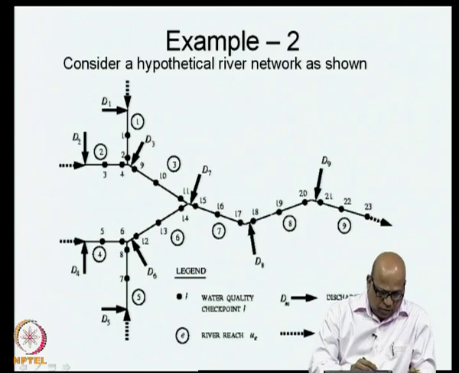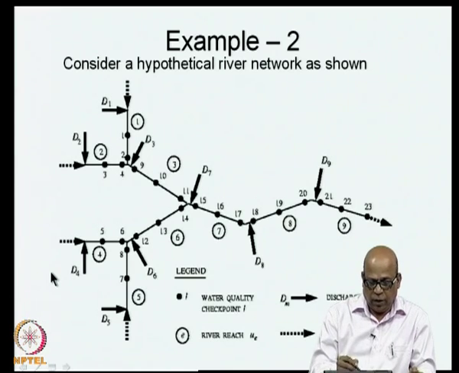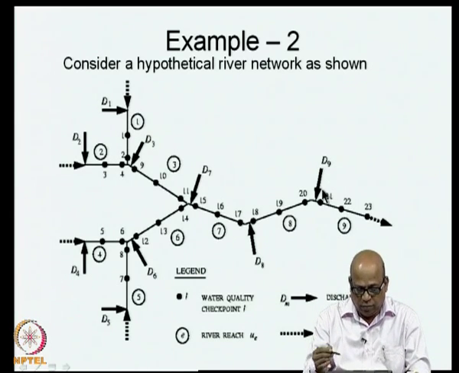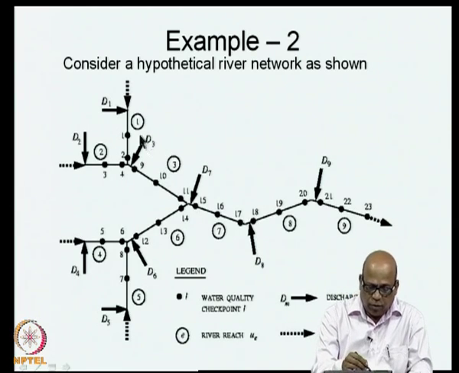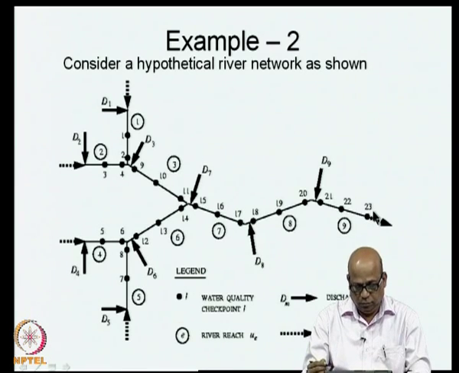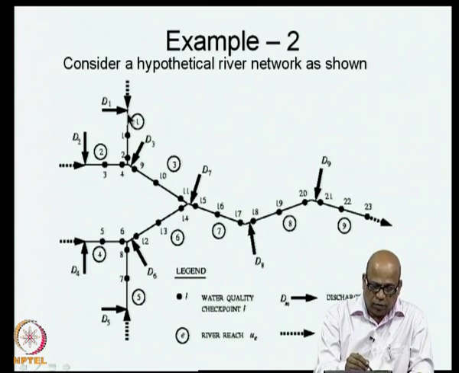So, we will take a simple example of a hypothetical system where we have 9 dischargers, 9 effluent dischargers. We have 23 checkpoints, 1, 2, 3, 4 etcetera, up to 23 checkpoints. There are 9 reaches associated with each of the dischargers.